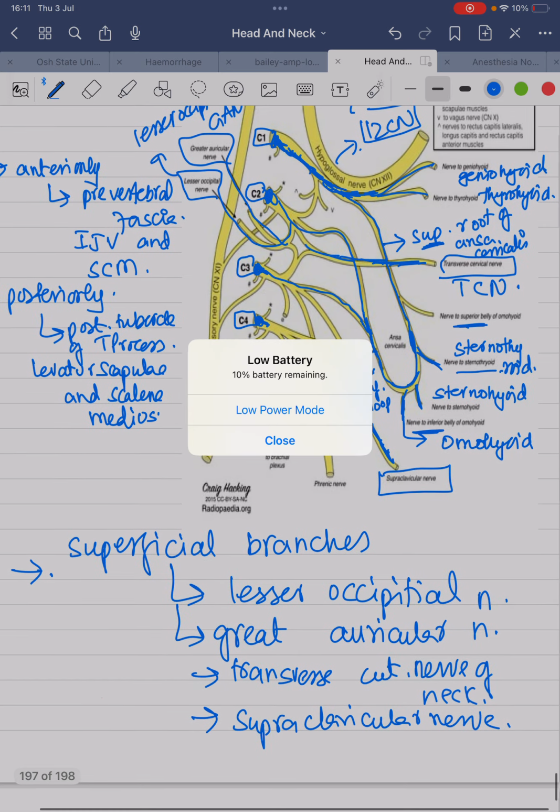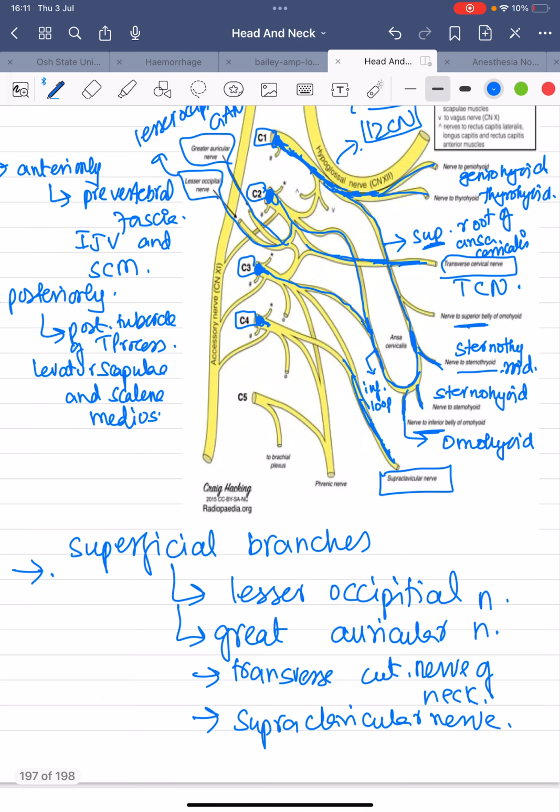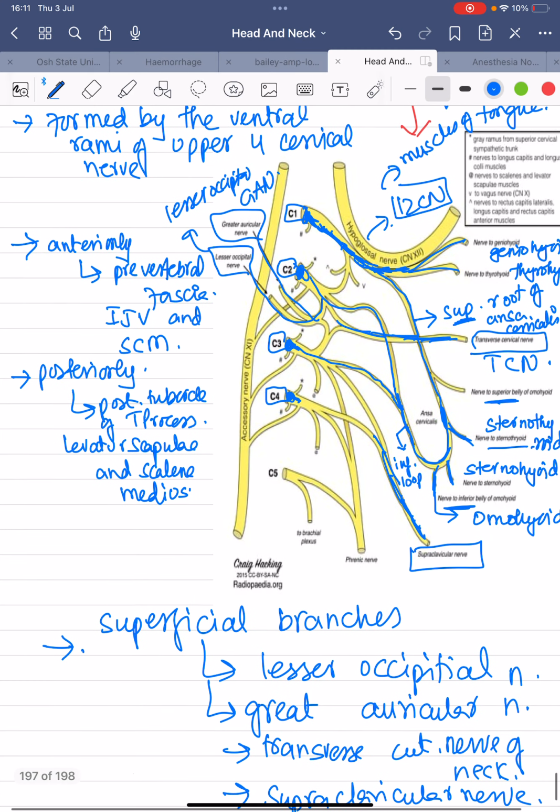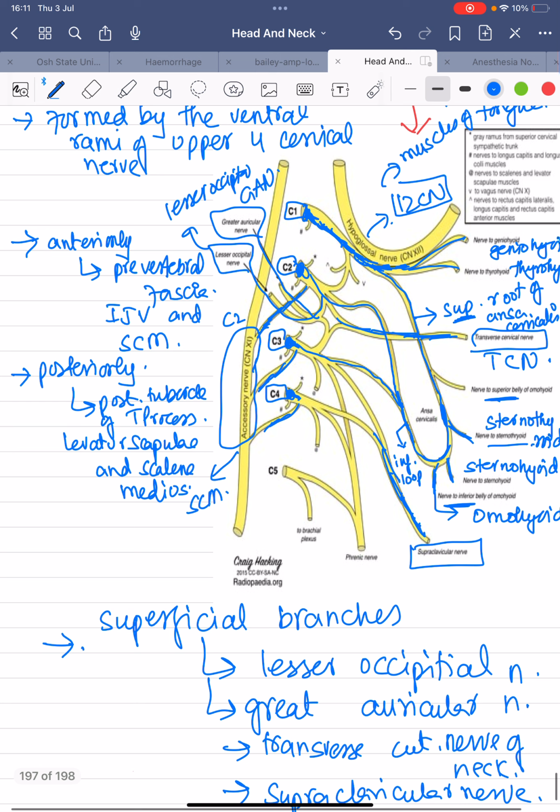Along with this, see here, some fibers are also in relation to our 11th cranial nerve, the accessory nerve. So please remember, a branch from especially C2 goes to the sternocleidomastoid muscle, and a branch from C3 and C4 also gives innervation to the trapezius muscle.